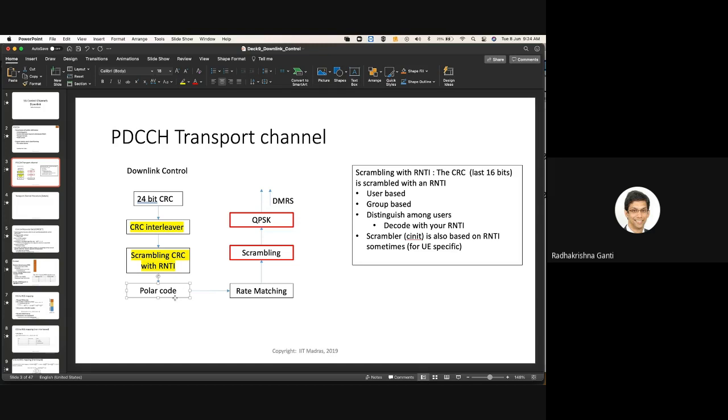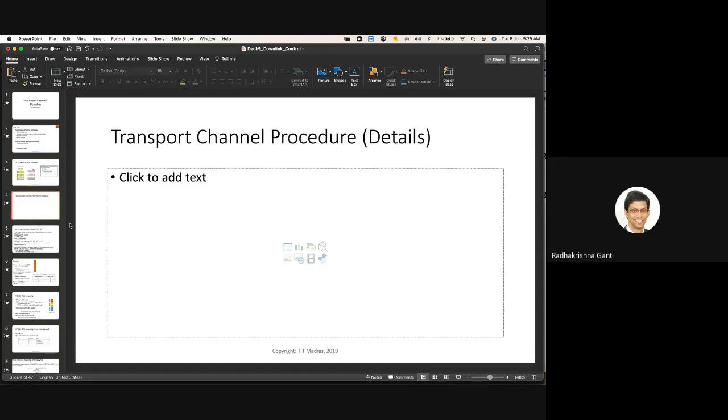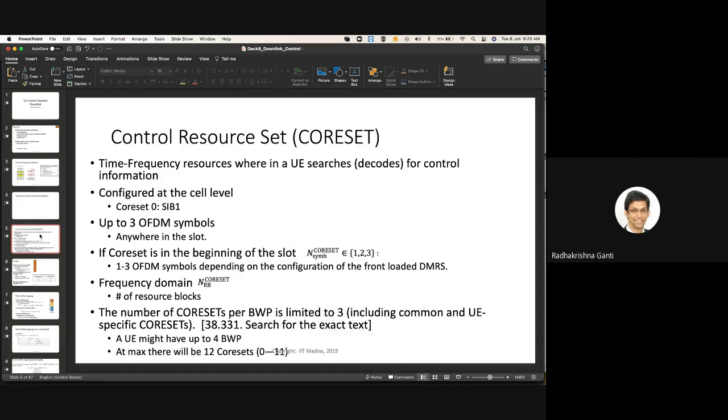The rate matching part and other things are very similar, but the polar code is different. Those of you who are interested in understanding this should check out Professor Andrews' lectures. Maybe someday I'll add this transport channel, but let's go forward.